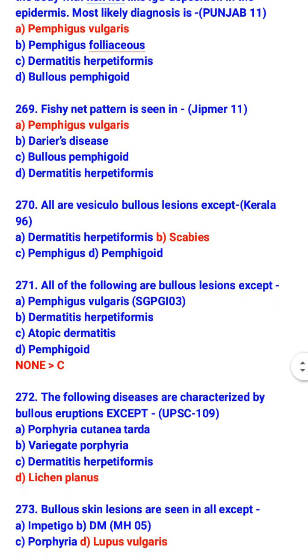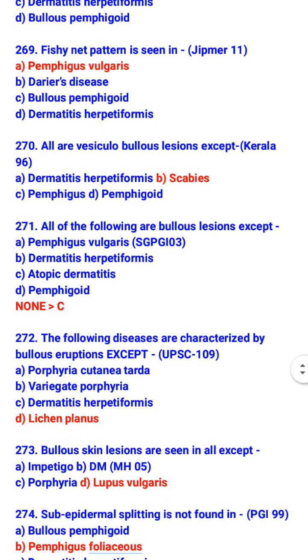All are vesiculobullous lesions except scabies. So dermatitis herpetiformis, pemphigus and pemphigoid are vesiculobullous lesions. All of the following are bullous lesions except atopic dermatitis. So pemphigus vulgaris, dermatitis herpetiformis and pemphigoid are the bullous lesions.